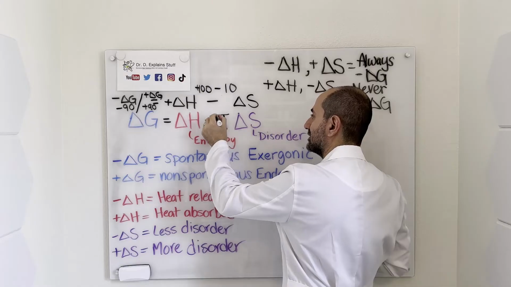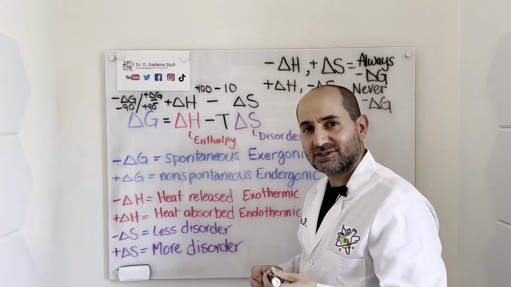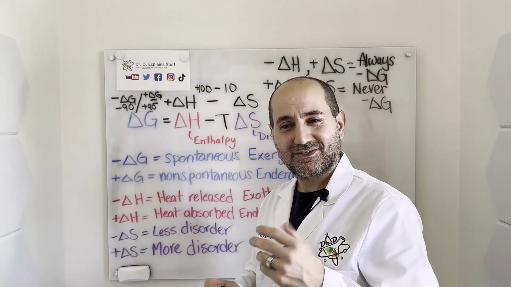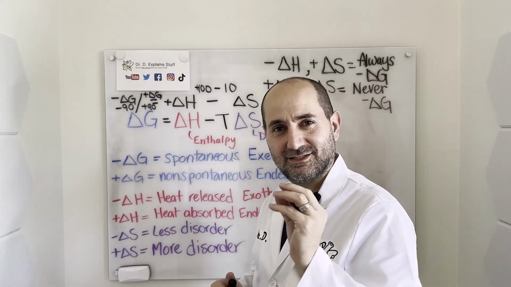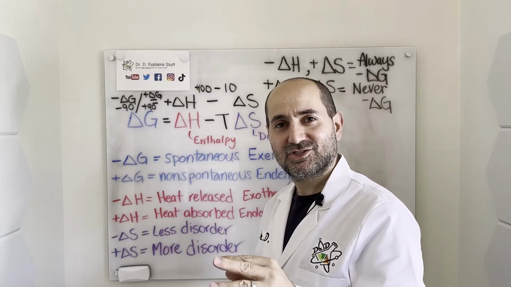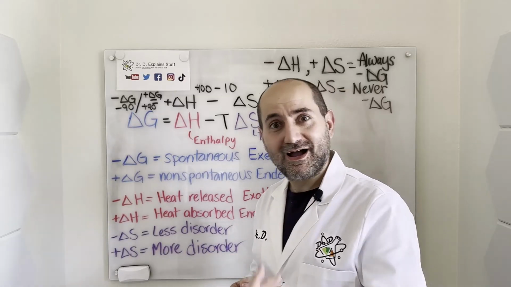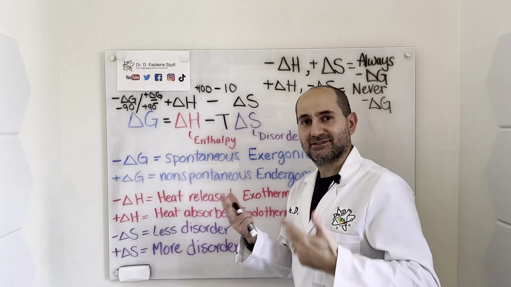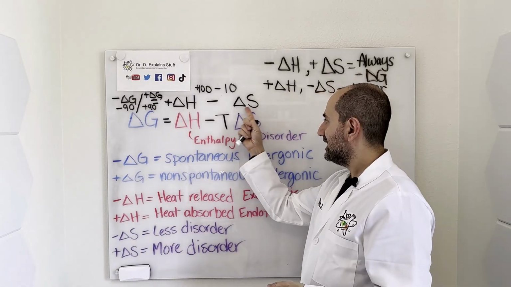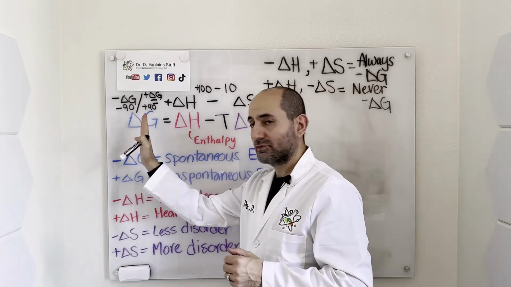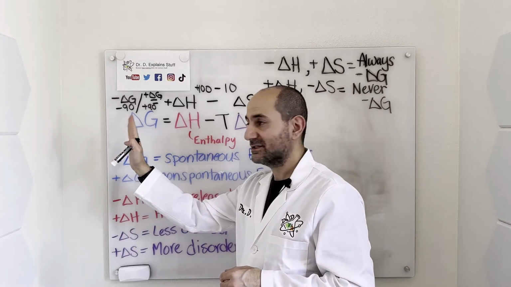Remember T, our Kelvin? You ever notice that sometimes you can't get a reaction started until you add some heat? You add some heat to a reaction and then it happens and you're like, oh, it happened. That's why, right? Now we know why T is important, because T can make the weight of delta S even higher, making it more likely to hit a negative delta G value.